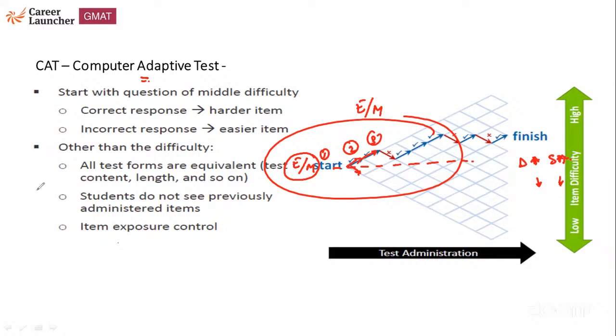So that is the adaptive nature. It is not going to be linear. It will depend on the test taker's performance.